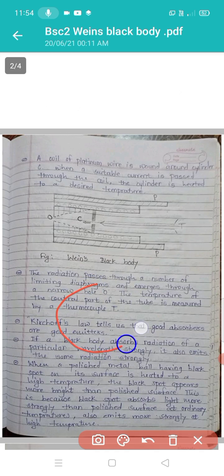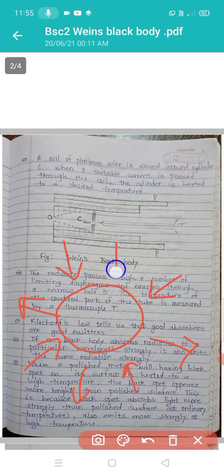When we apply heat radiation to the black body, it absorbs a maximum of radiation of a particular wavelength strongly, and hence it emits the same radiation strongly.